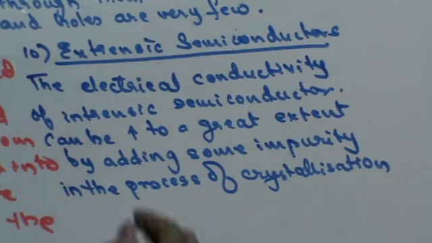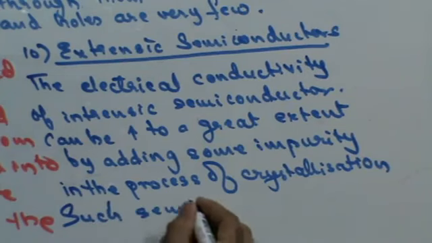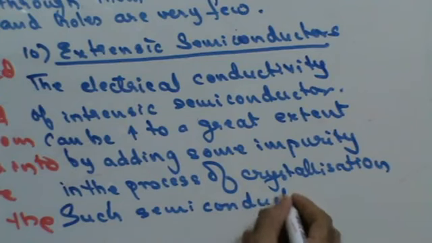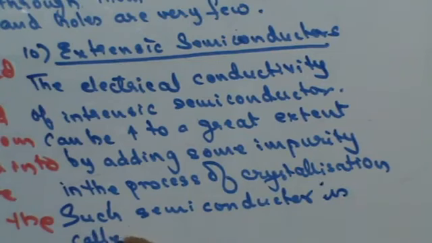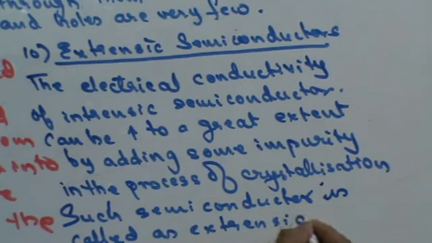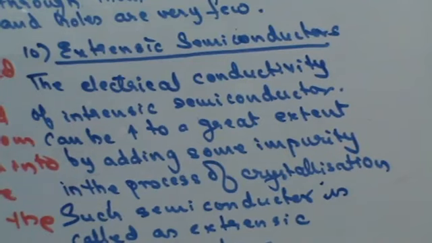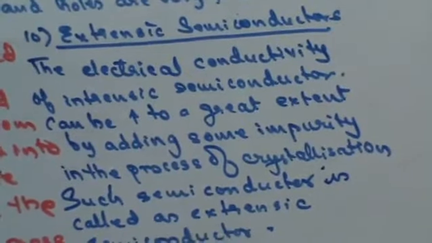Such semiconductor is called extrinsic semiconductor, right? And the process of adding impurity is called doping.